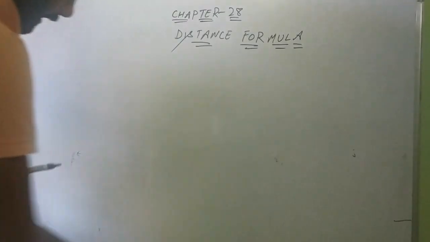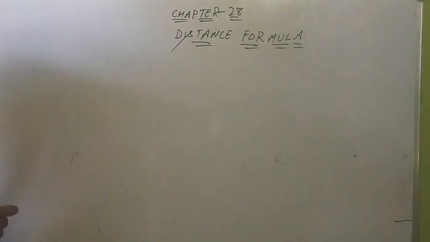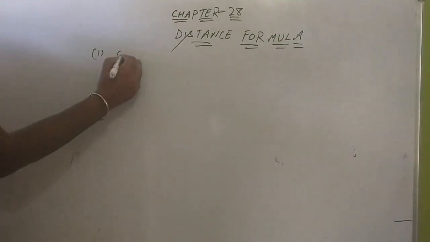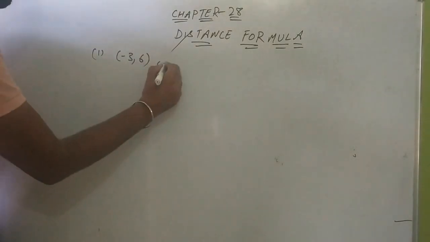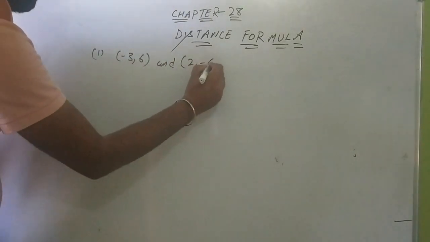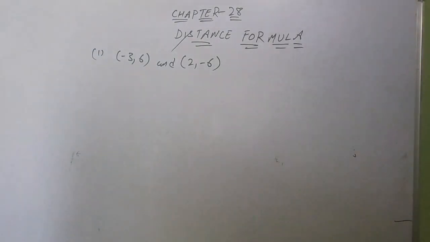The first question is, find the distance between the following points. The first one is minus 3, 6 and 2, minus 6. So we have to find the distance between these 2 points.